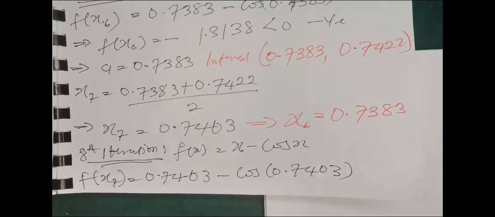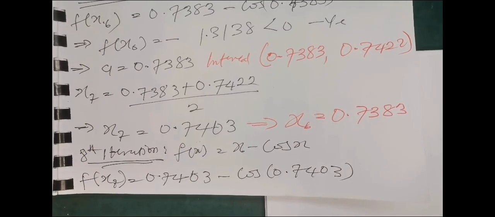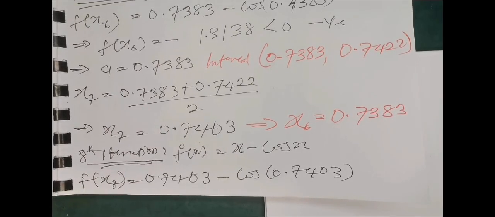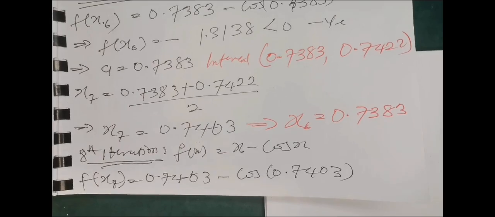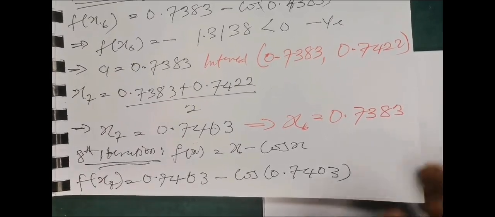All right, so let's see what we are going to obtain. Answer 0.7403 minus cos answer. So this gives us 0.0020. So we're having a positive value now.